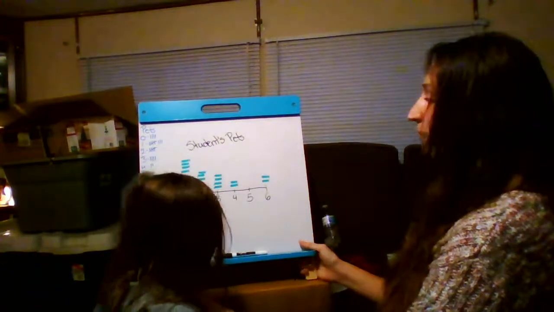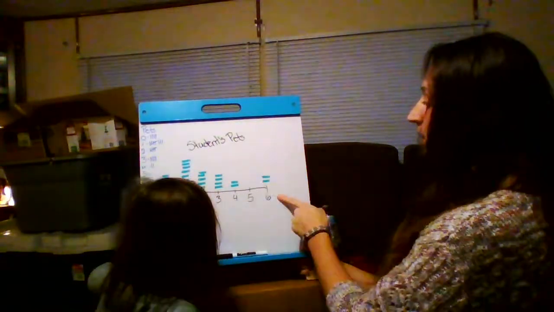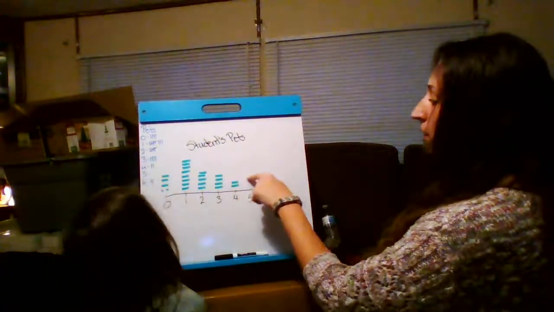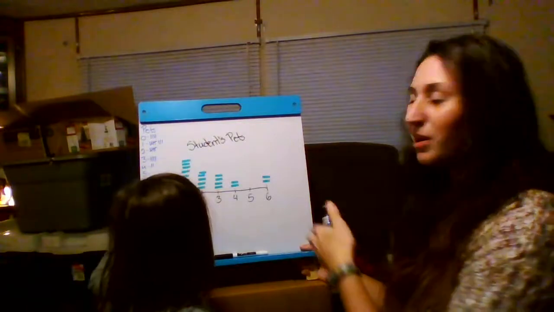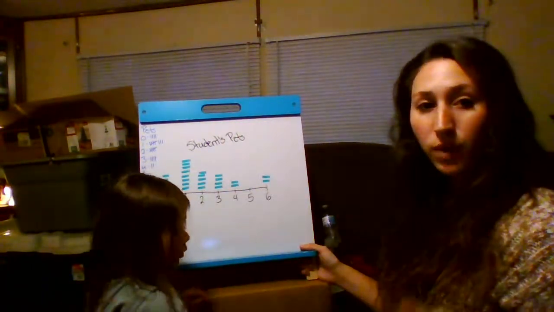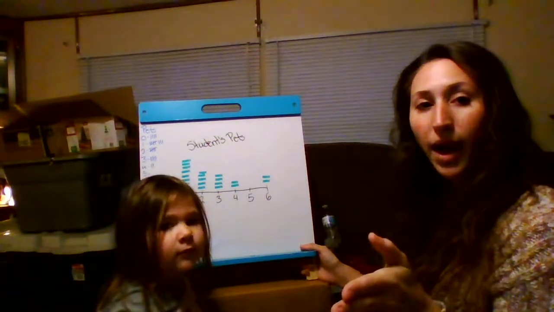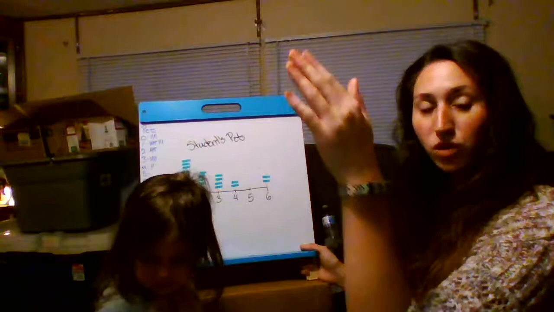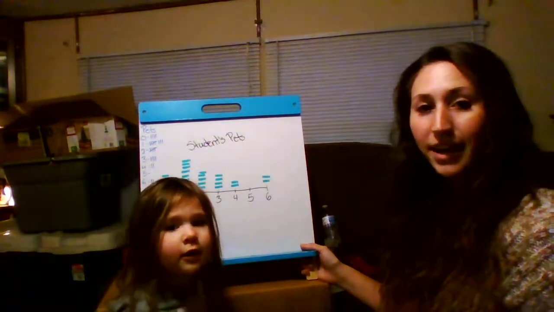You can put an X in each box, because where we have 2 students with 4 pets and 2 students with 6 pets, my numbers are a little uneven. So if you're looking at this really quickly, you might think there's more students with 6 pets than there are 4. So that's why the graph paper is going to help keep you guys organized. You'll just put a little X in each box, and that will help you keep track, keep it organized, nice and neat. And that is our lesson.